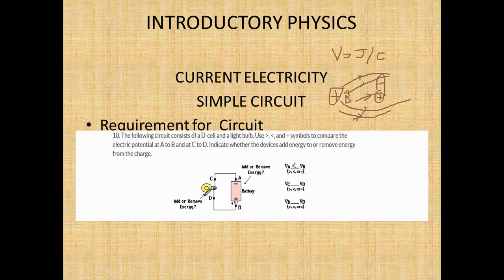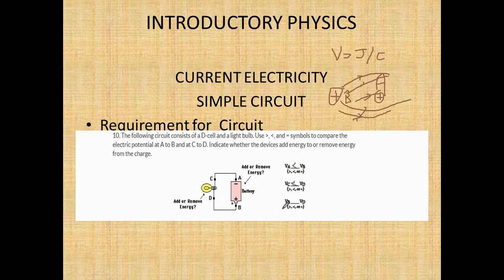So the voltage here is going to be greater than the voltage there, because you're going to have what we call voltage drop across here. So the voltage at C is going to be less than the voltage at D. So less than, okay?